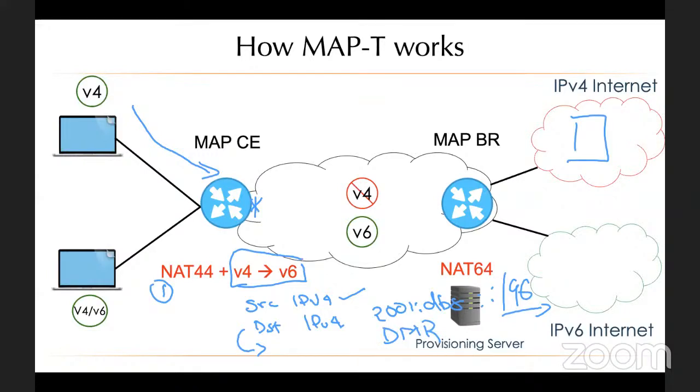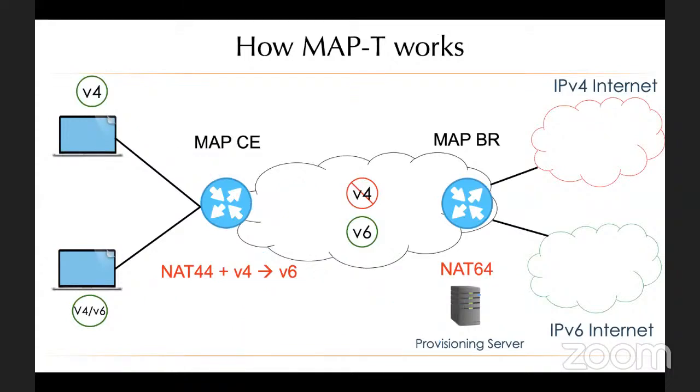And then the source IPv6 address is going to be the tunnel interface or the WAN interface configured on the CE. Then the packet is going to be sent to the BR, and then the BR does the decapsulation, not decapsulation, translates from v6 to v4, and then sends the packet to the IPv4 internet.